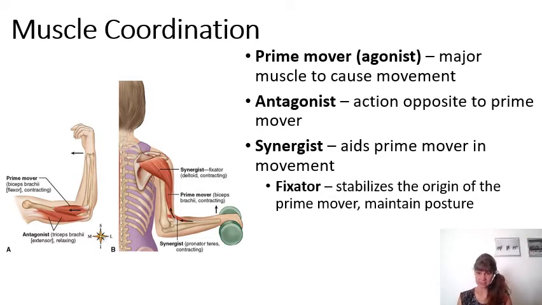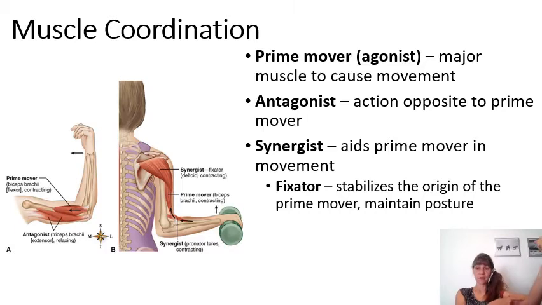Some synergists have the additional responsibility of stabilizing the origin of the prime mover or maintaining posture in our bodies. Those synergists have the additional title of being fixators. Fixators stabilize or fix a joint in place to help the prime mover do its job more efficiently.